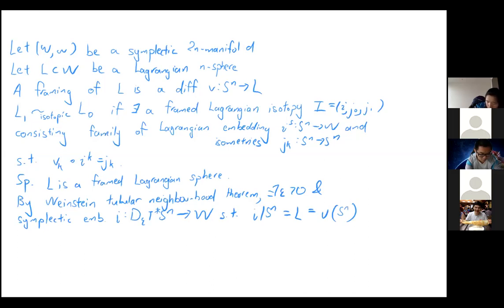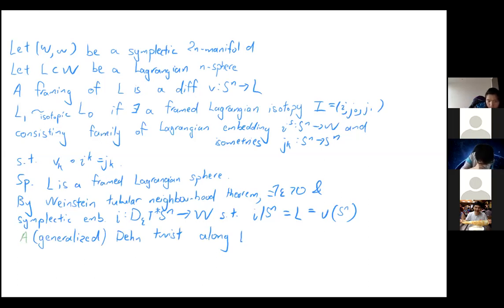Okay, and then similarly, you also take the cutoff function, and because we already push it back to T*Sn, we can just define it using the embedding. We can define a general Dehn twist here. So we start with an arbitrary Lagrangian sphere, push it back to T*Sn, do the Dehn twist, and then put it back to the symplectic manifold using the embedding.